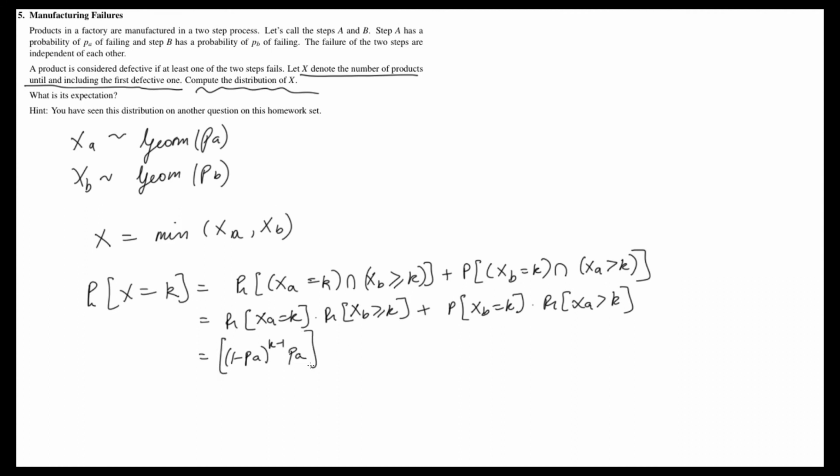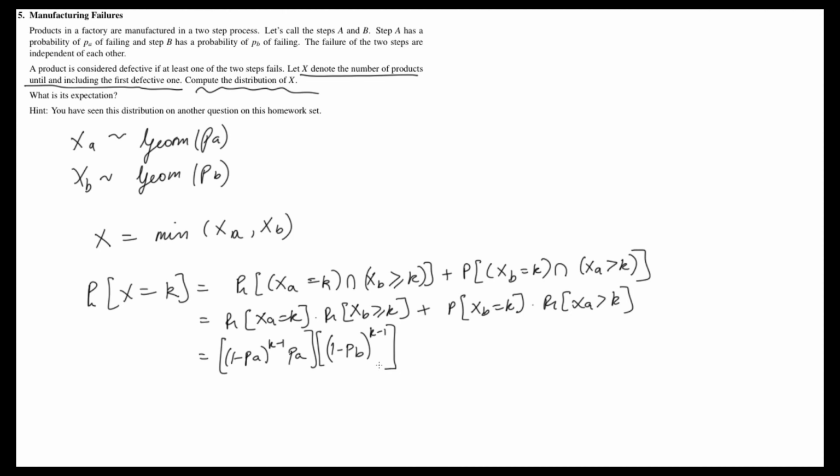And what is the probability that XB is greater than or equal to K? That means you know that it fails at least K minus 1 times.